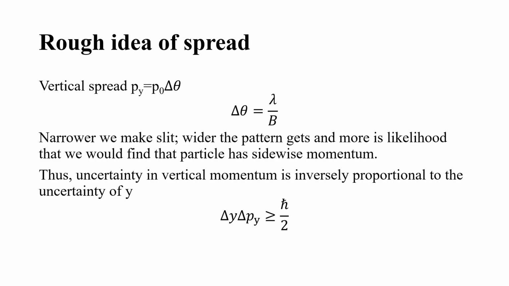Now this Δθ can be given by λ/B, where λ is the wavelength and B is the size of our slit. So the narrower we make the slit, the wider the pattern gets, and the more likely we would find that the particle has sideways momentum. Thus, the uncertainty in vertical momentum is inversely proportional to the uncertainty in y. So we have ΔyΔPy greater than ħ/2.